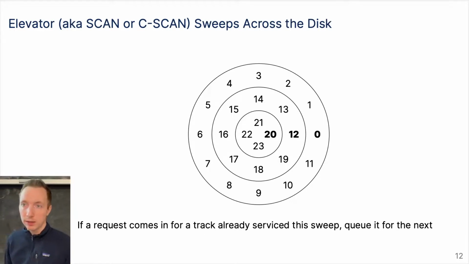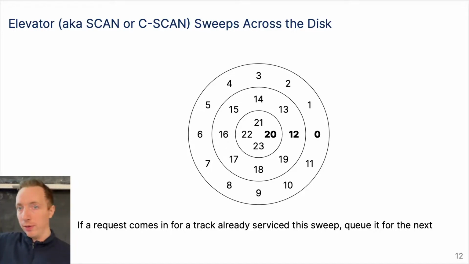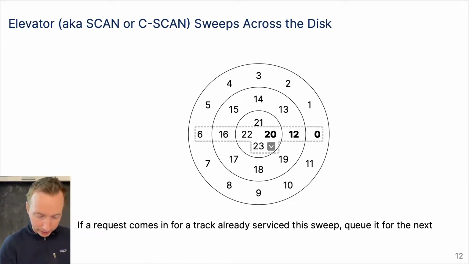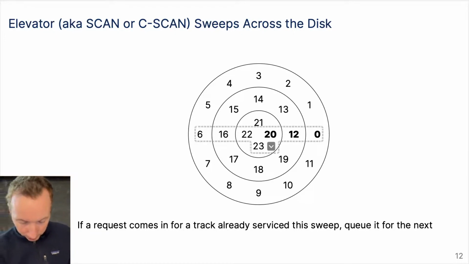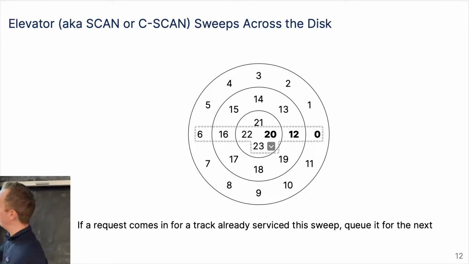Yeah. So is elevator shortest positioning time first? No, elevator would work through the tracks in order, and it doesn't care about where they are rotationally. Say with this example, instead of just 0, 12, 20, we also had 6. A faster thing to do might be to read 0, 12, 20 while it's moving up and then read 6 afterwards.